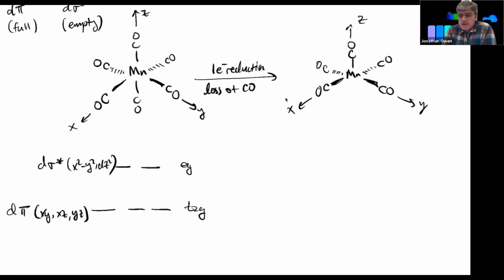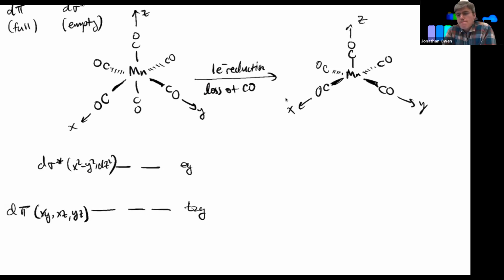Now, instead of just writing those things down blindly, think for a moment about where the x squared minus y squared and the dz squared orbitals are. Where are they? Somebody tell me, please. Just blurt it out. On the z axis. Which one?